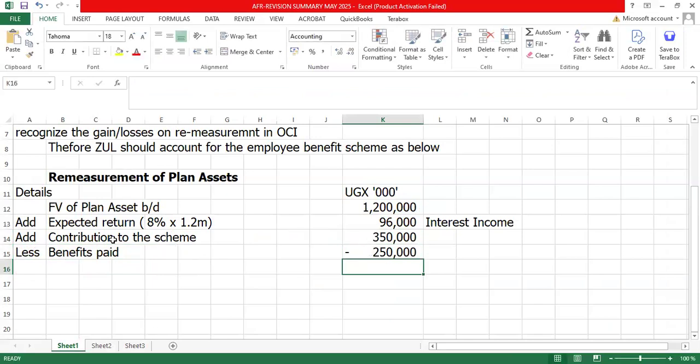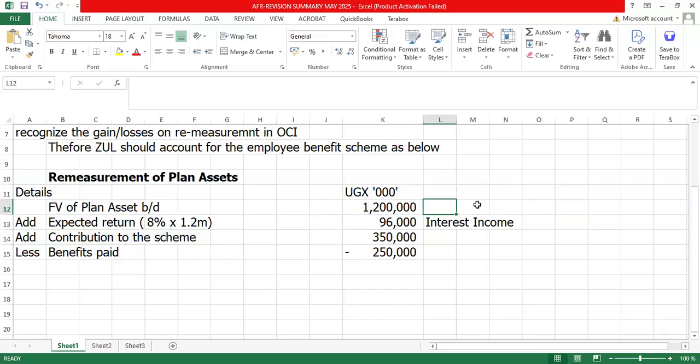I also want to clarify on contribution. If the contribution was made at the start of the year, that contribution will also earn interest income. It must also generate some income.